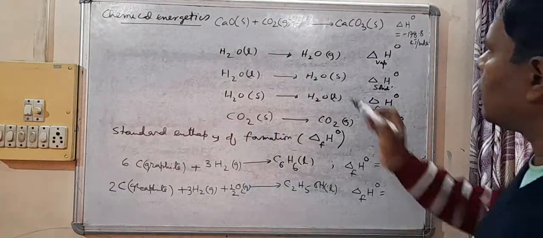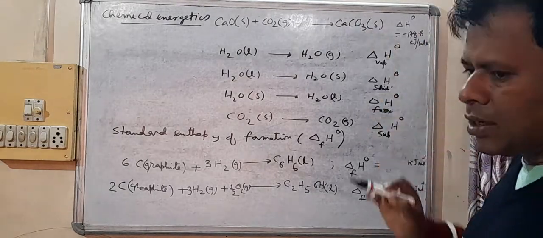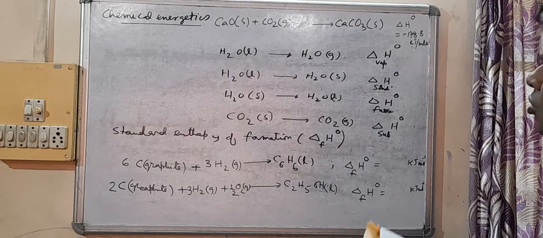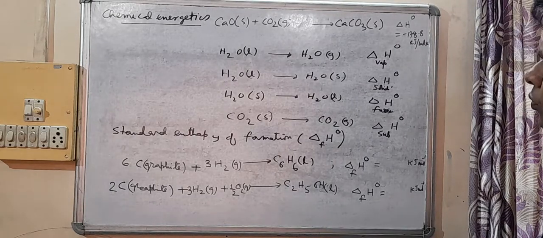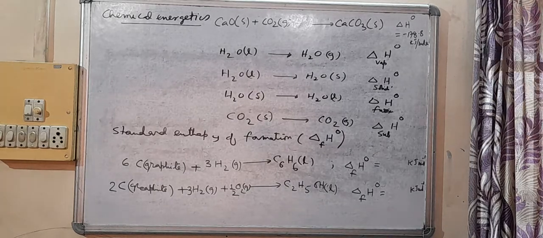So the question is, for this process, is this value the enthalpy of formation of calcium carbonate? The answer is no. Why is it not the enthalpy of formation of calcium carbonate?